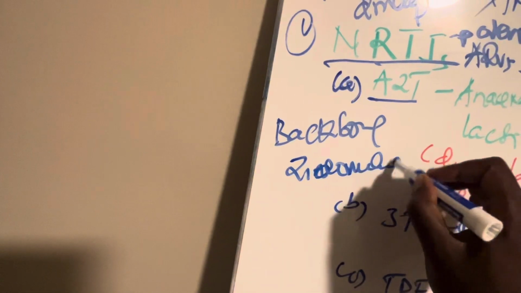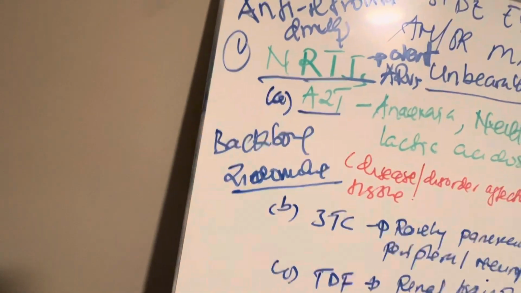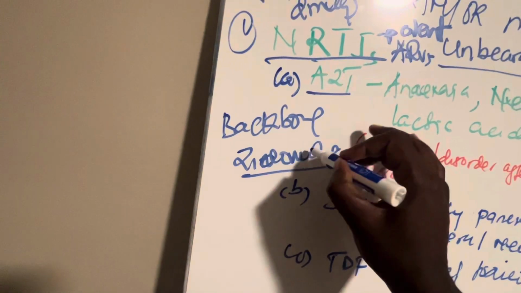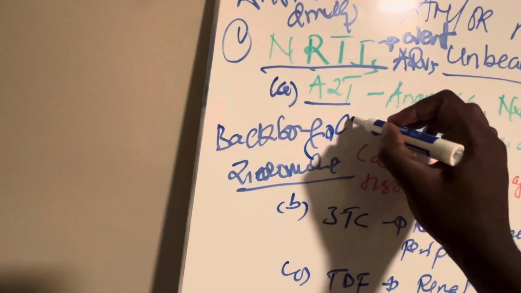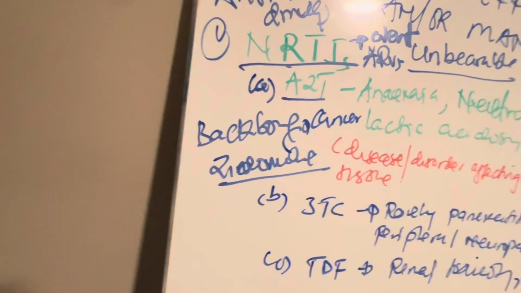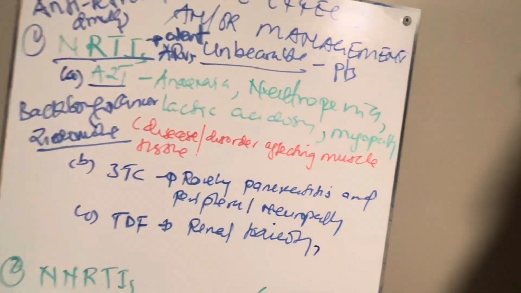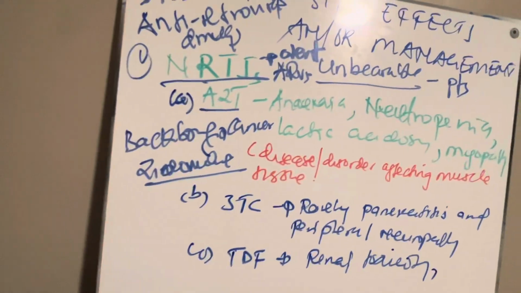So AZT, that is zidovudine. This was the first antiretroviral to be manufactured. Initially, it was intended to treat cancer, but it showed more efficacy, more potency with regards to HIV.